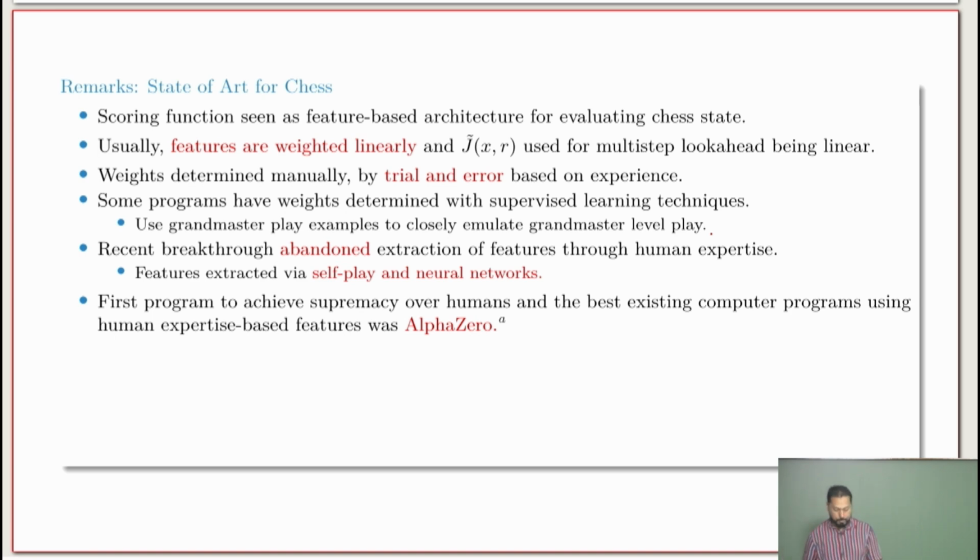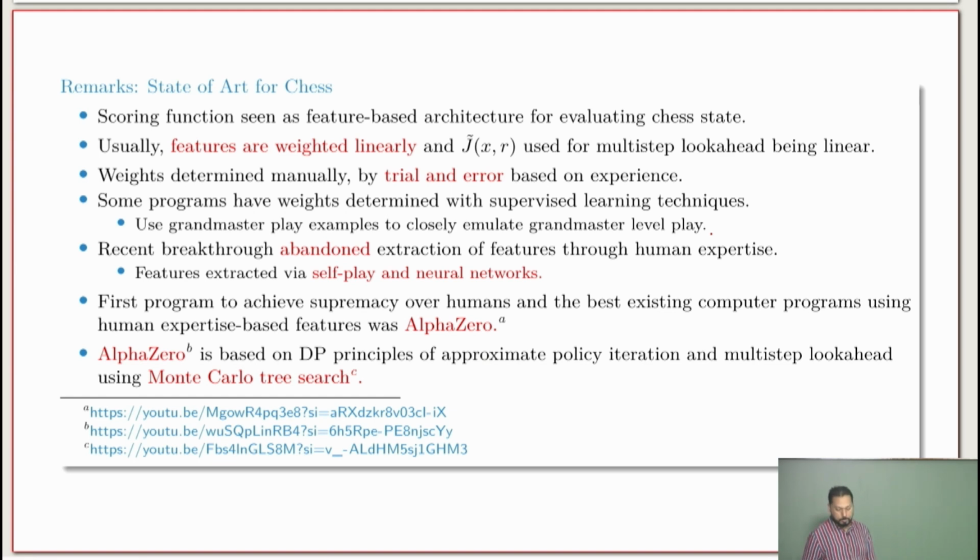So now this happens to be the best computer chess program right now, and this is based on RL. Okay, and value function approximations, and obviously look ahead to improve on this. So overall we have DP principles, like the dynamic programming that we have been learning, where they use approximate policy iterations and multi-step look ahead using Monte Carlo tree search.